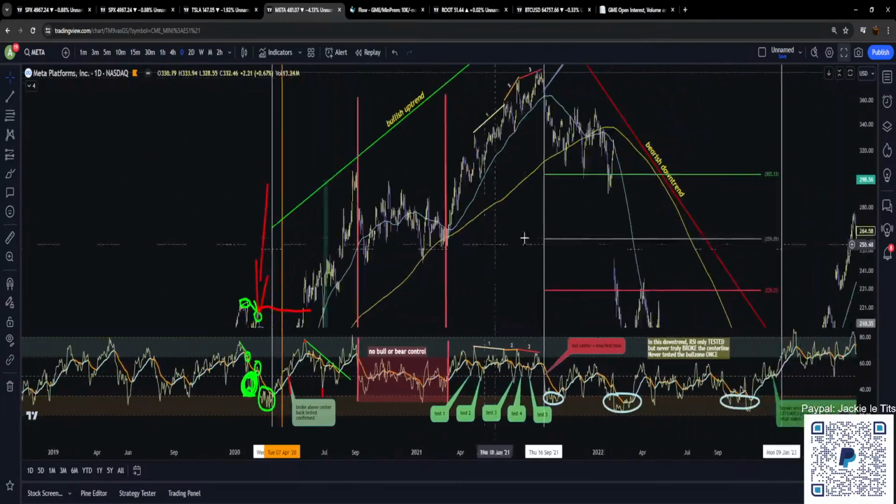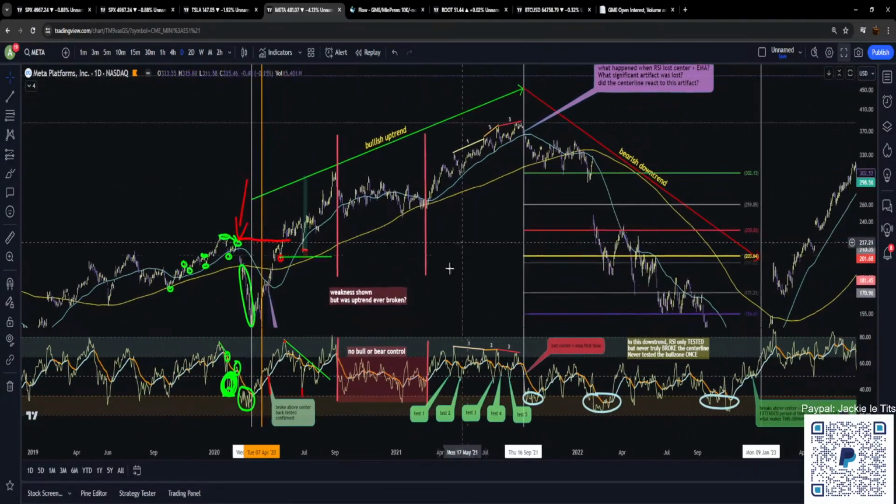Now you guys see here on my meta chart, I have shown test 1, test 2, test 3, test 4, and test 5. Each one of those tests comes after price broke through the center line and entered the bullish control zone. And after it entered the bullish control zone, you can see it come down and hit test number 1.